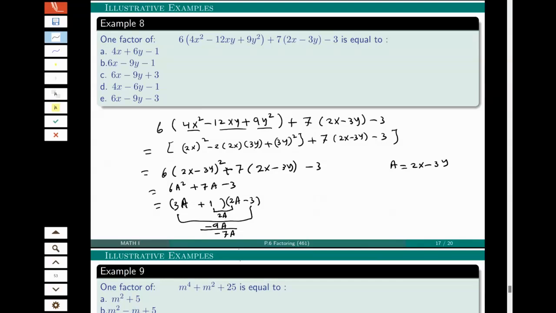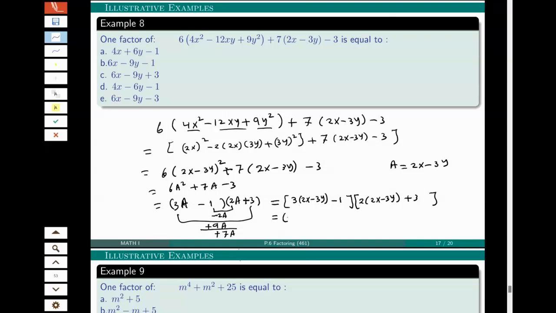And if we want plus 7a, all we need to do is switch. This will be minus and that will be plus, and we'll get 7a. So finally, we get back a, so we will have 3 times 2x minus 3y minus 1, and 2 times a, which is 2x minus 3y plus 3.